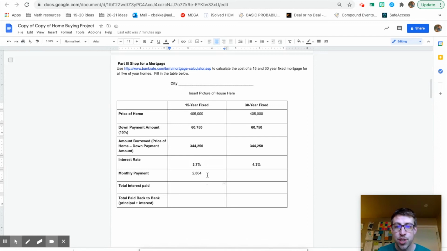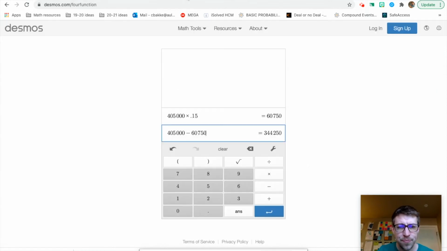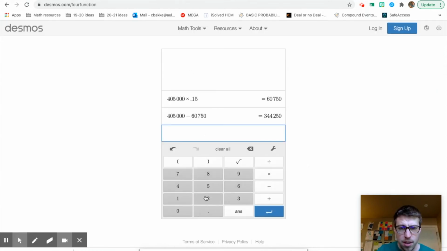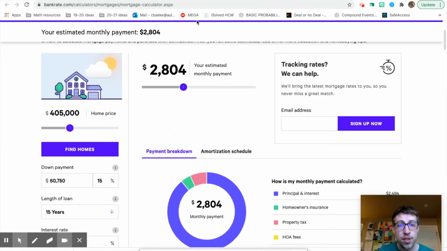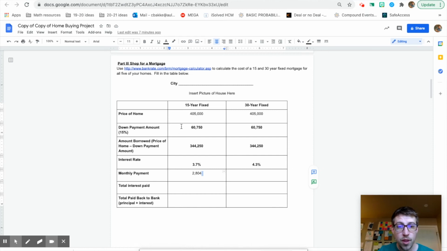So in order to do this, since the mortgage calculator didn't spit it out for us, we're going to take our monthly payment, $2,804. And for this one, we are going to multiply that times how many years, but this is monthly payment. So we also are going to have to multiply by how many months are in a year.